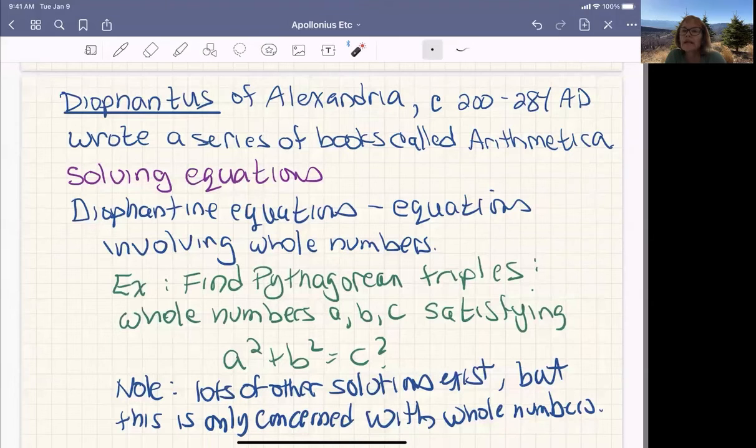So if you are taking a number theory class and you're studying Diophantine equations, these are named after this mathematician Diophantus. So what he was interested in are equations involving whole numbers.